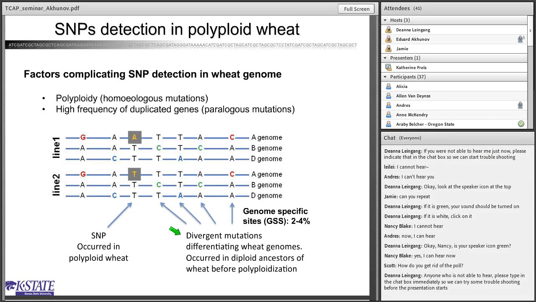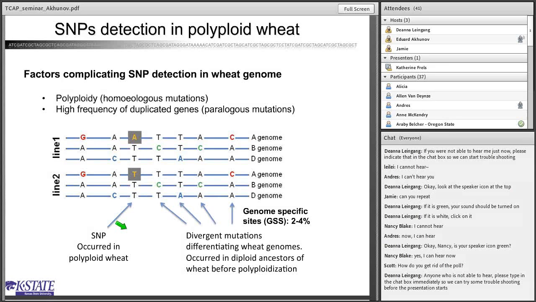And essentially, it is wrong to call them SNPs. These are divergent mutations that differentiate duplicated genes. Whereas SNPs are the mutations that occurred already in polyploid wheat, and for that reason you have a polymorphism within the population.